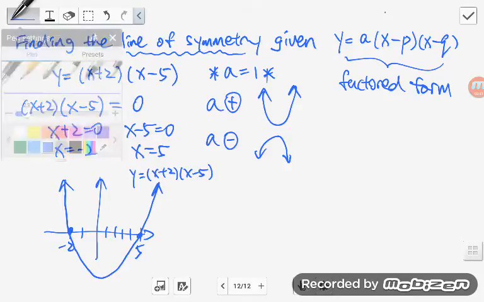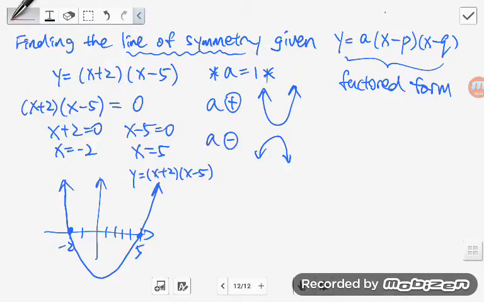Now, where's my line of symmetry going to be? My line of symmetry is basically where I can cut the parabola in half, and then the left will be symmetrical with my right. So maybe somewhere here. For example, right now, it looks like my line of symmetry passes through my 1. So if I were to write the equation, I would say x is equal to 1.